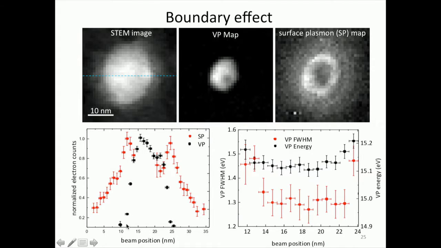What you can see here is that the volume plasmon signal is minimum at the aluminum oxide, aluminum metal interface. And at the same time, the signal of the surface plasmon is maximum.